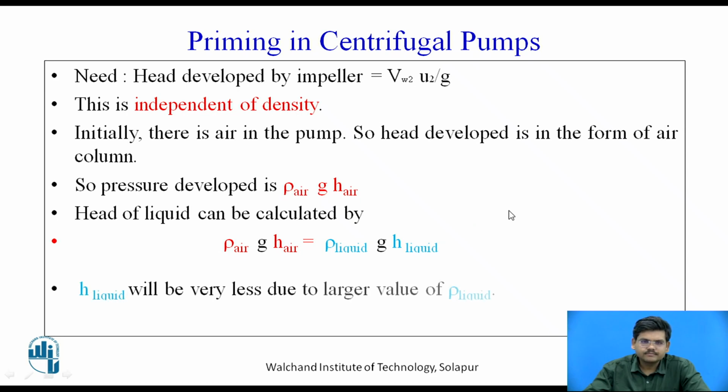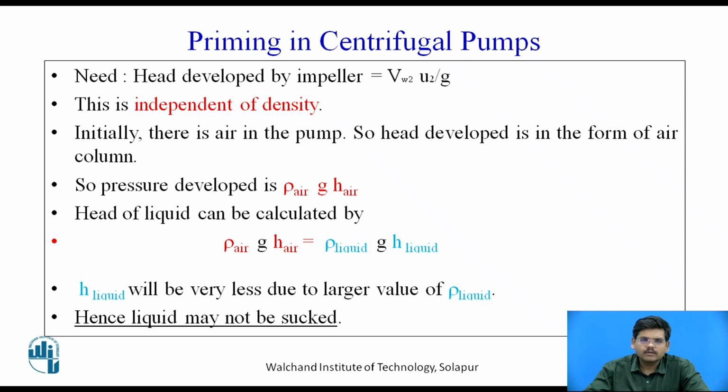Here, the head will be very low because of the large value of density. So the larger the value of density, the lower the head developed. And when the suction begins, only a slight pressure is developed, so priming is required. Hence, liquid may not be sucked.